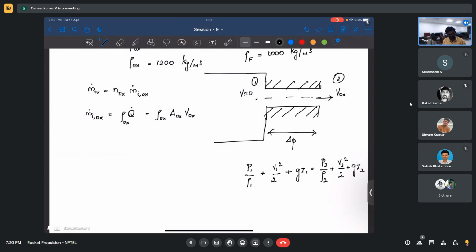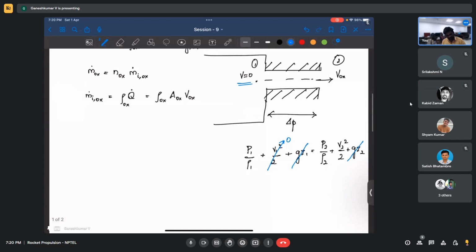If I consider Z1 and Z2 to be the same, I will just drop those out, and we know V1 equals 0 at this place. So what happens? We get P1 minus P2, right?